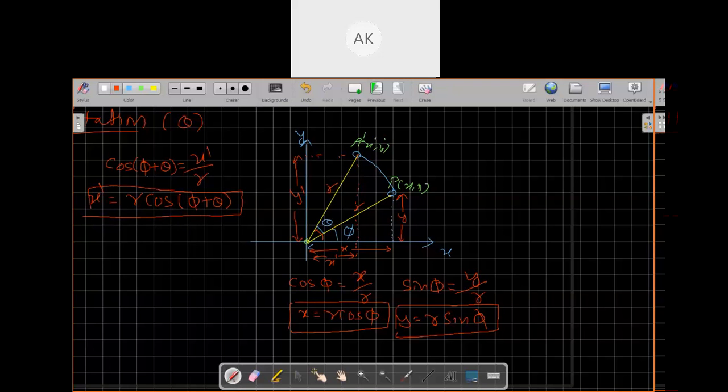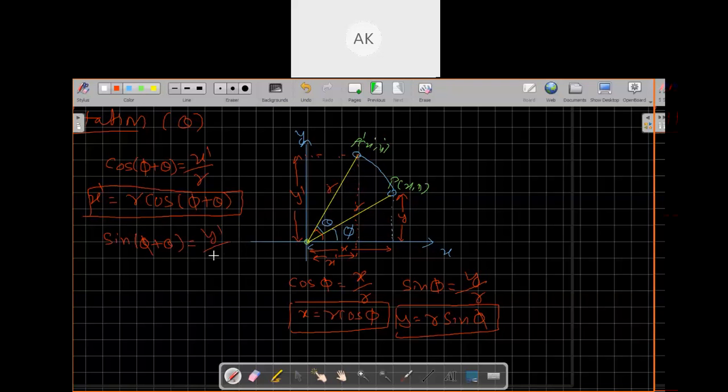Okay, so let's calculate the x dash and y dash corresponding to this form of trigonometry. Now this angle is phi plus theta, the complete angle is phi plus theta.